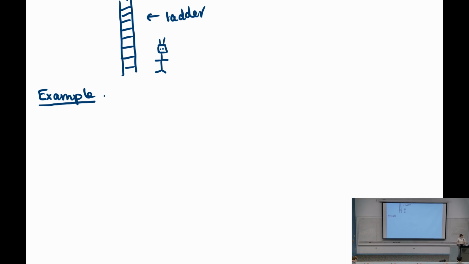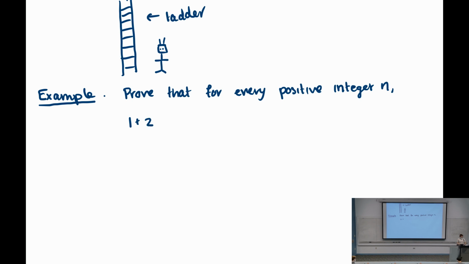So let's prove that for every positive integer n, we have the following. 1 plus 2 plus, we'll add up all the numbers up to n. Let's prove that this is equal to n times n plus 1 over 2.